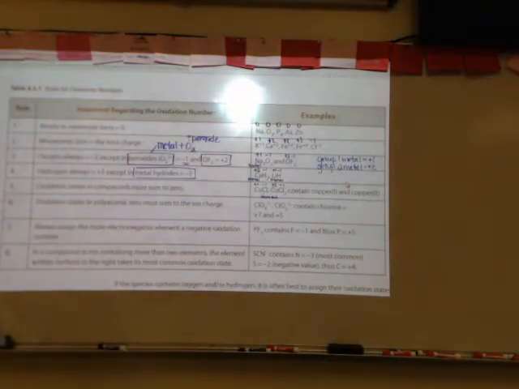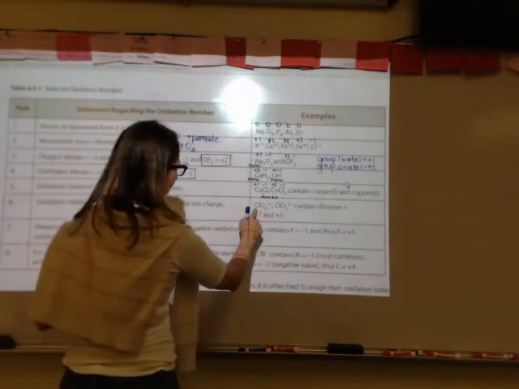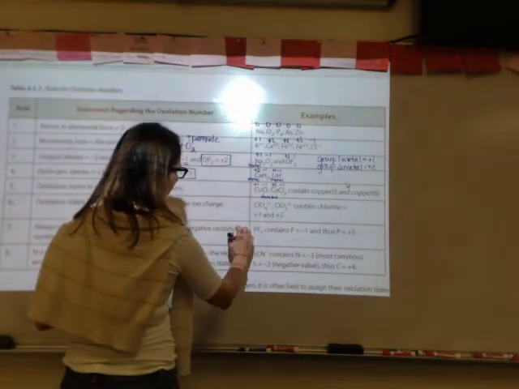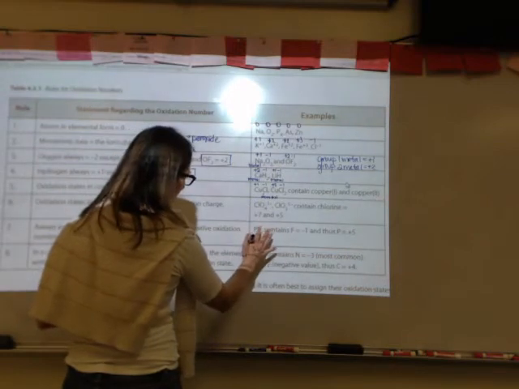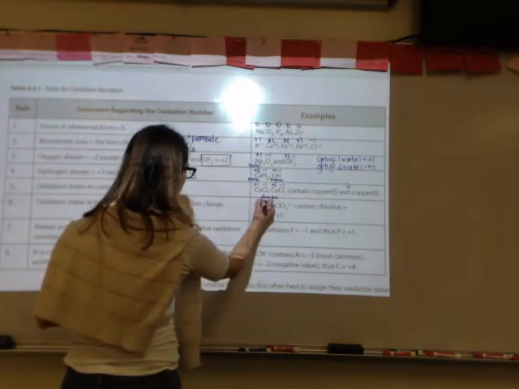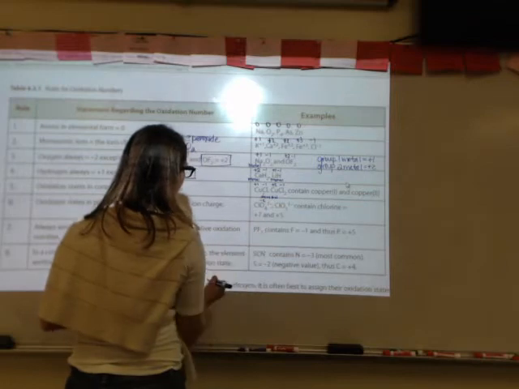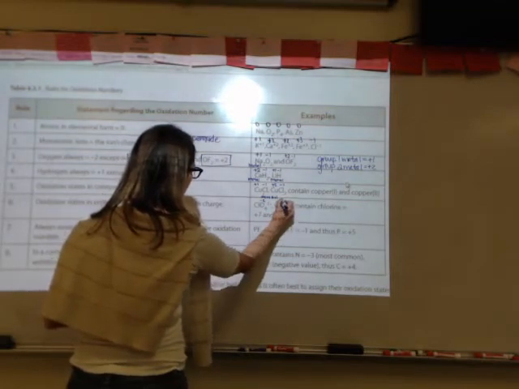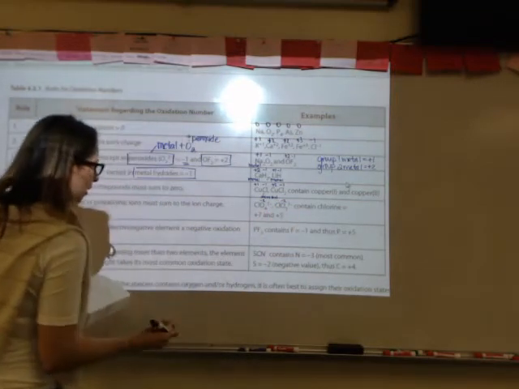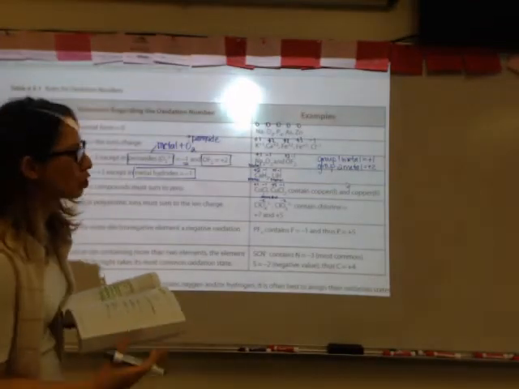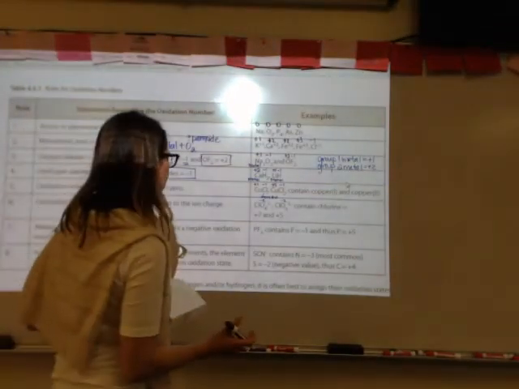Rule number 6, the oxidation states in polyatomic ions have to add up to the ion charge. So if you're looking at ClO4-1, assign what you know. You know oxygen is always a -2. Same thing in ClO3-1. I told you that halogens are generally a -1 for their oxidation number.